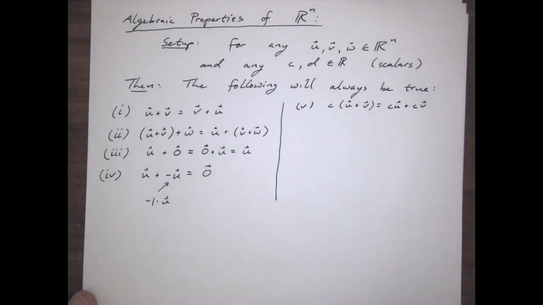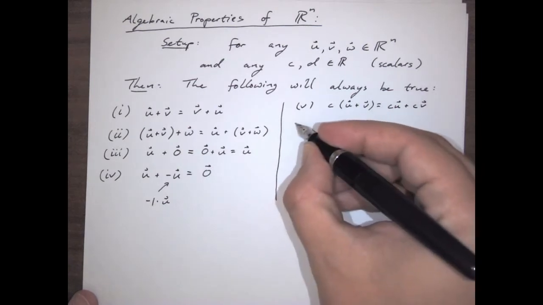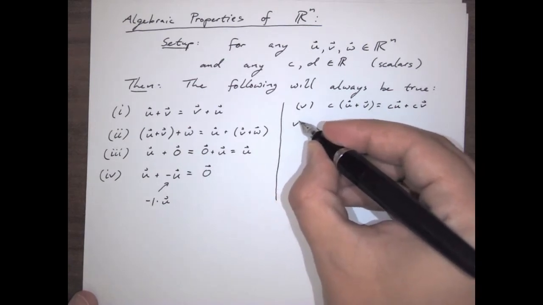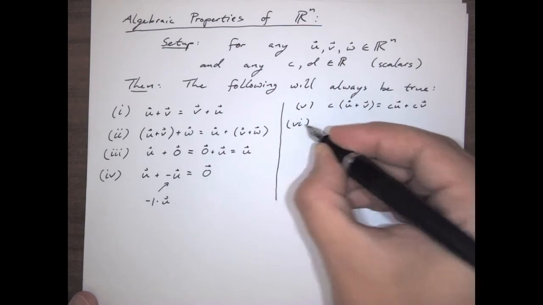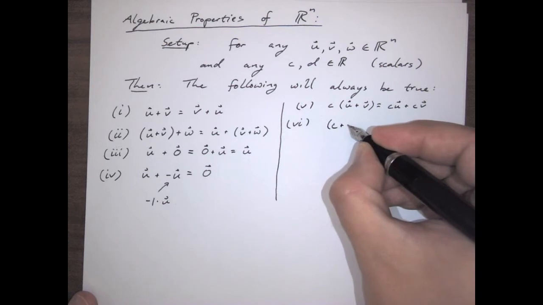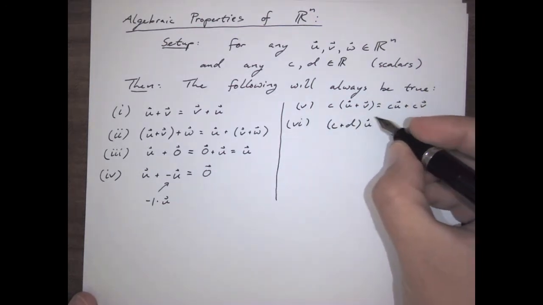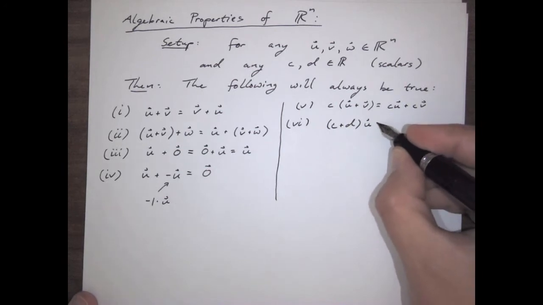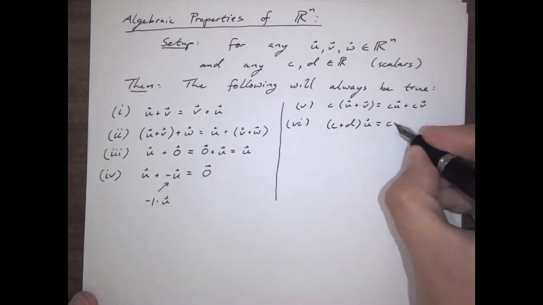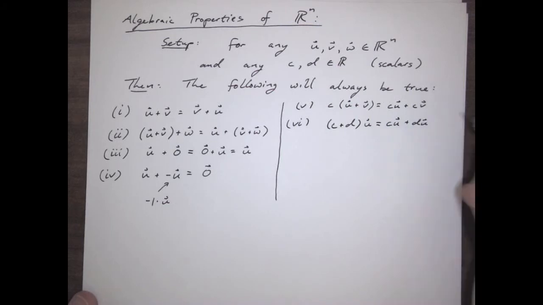So it distributes in. But there's another way in this case that distribution can also be framed. So we could also think of it as being a matter of c plus d, so two scalars, added together and then multiplied by u, which is the same as cu plus du.